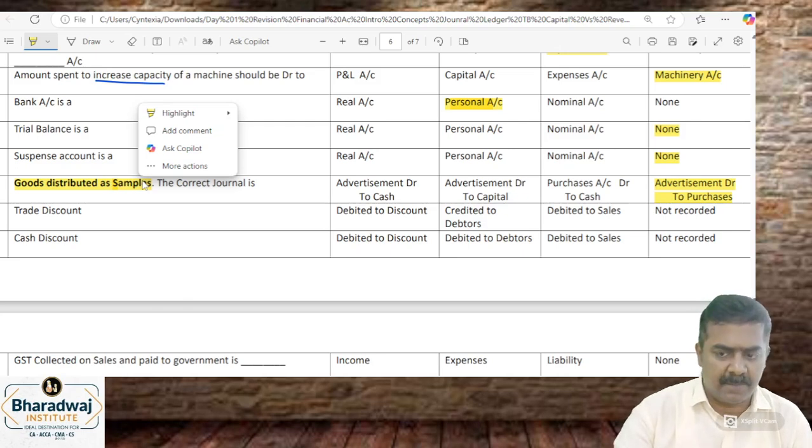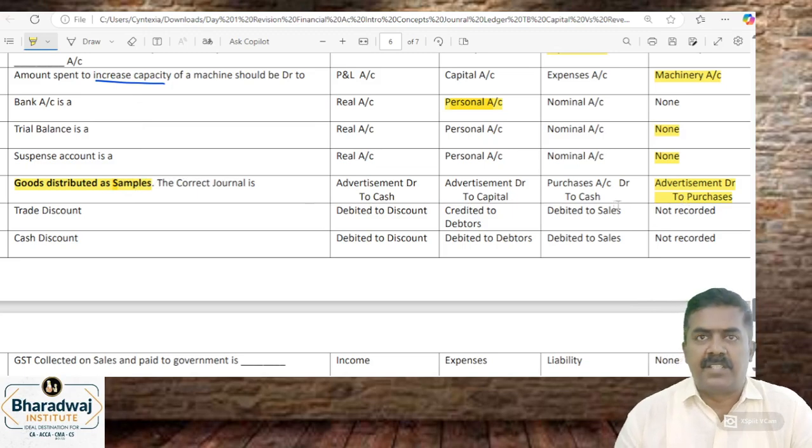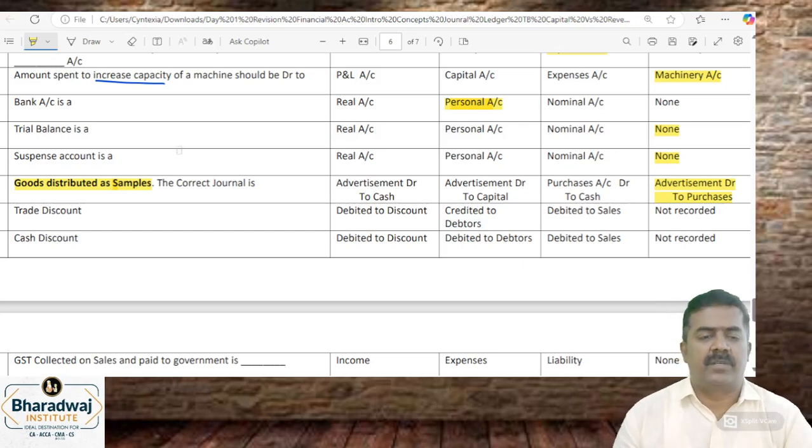Advertisement to purchases. So it is advertisement to purchases, not advertisement to cash. Advertisement expenses paid in cash would be advertisement to cash.